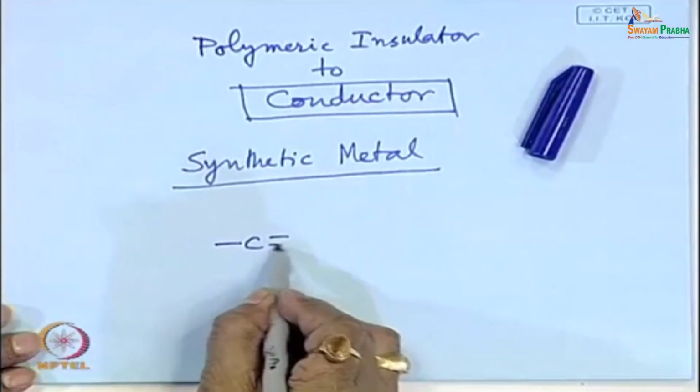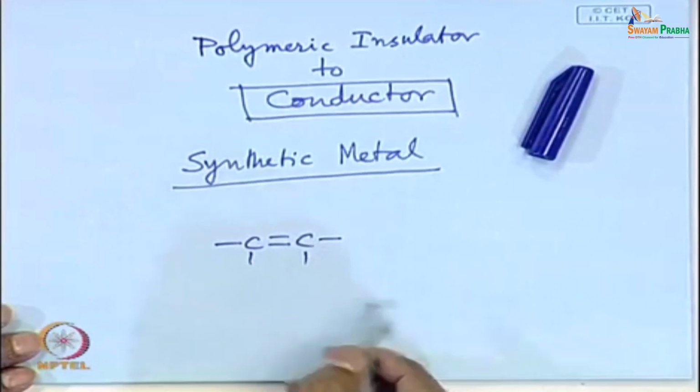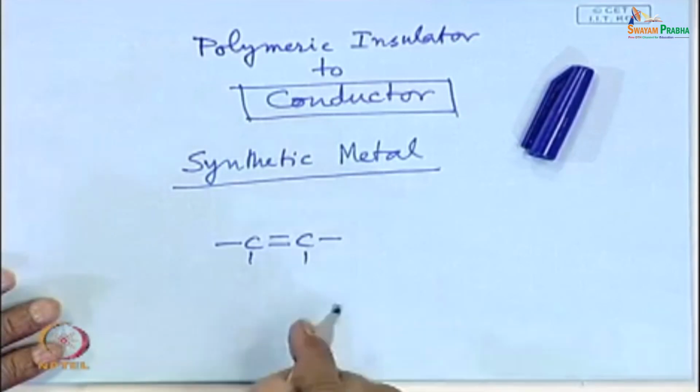In polyethylene there is no pi electron cloud. But if we can make a polymer from ethylene, hypothetically, like this, we do not know what that molecule is.